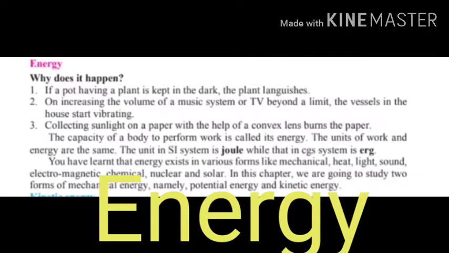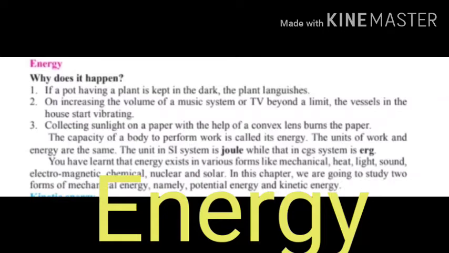Collecting sunlight on a paper with the help of a convex lens burns the paper. Means the capacity of a body to perform work is called its energy. The units of work and energy are the same. Thus, the unit in the SI system is joule, while that in the CGS system is erg.